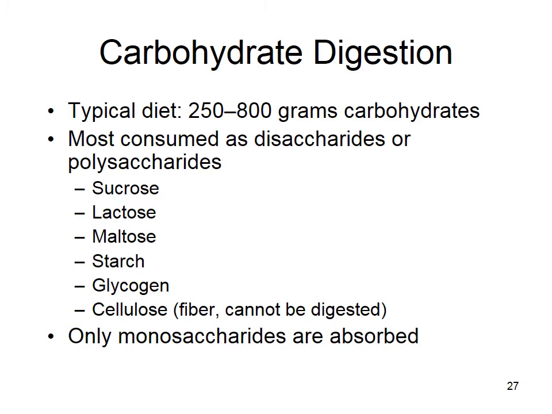We only absorb monosaccharides. If you are lactose intolerant, you do not produce lactase anymore. You only produce it until probably the age of 2 or so, because humans used to only drink milk until they got weaned. People of Northern European descent evolved the ability to produce lactase into adulthood, because they were raising a lot of cattle and sheep and goats and drinking their milk and eating cheese.